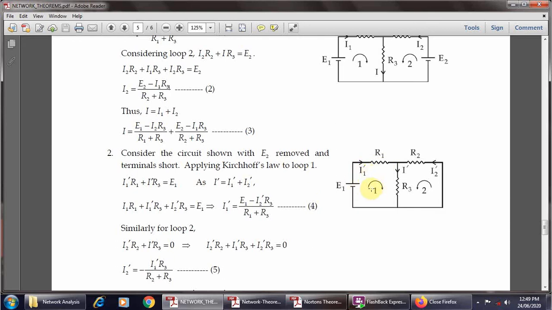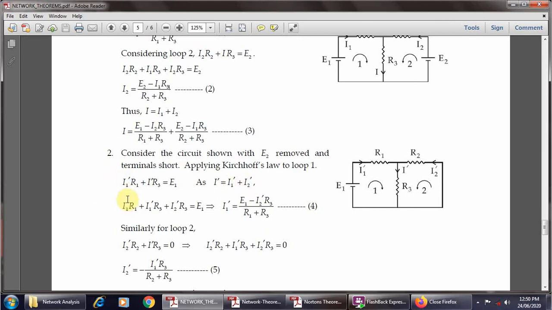Hence I1 R1 plus I dash R3 is equal to E1, where I dash is equal to I1 dash plus I2 dash.